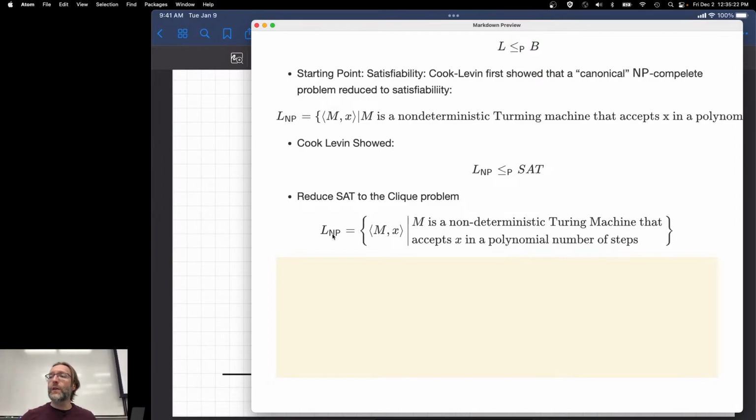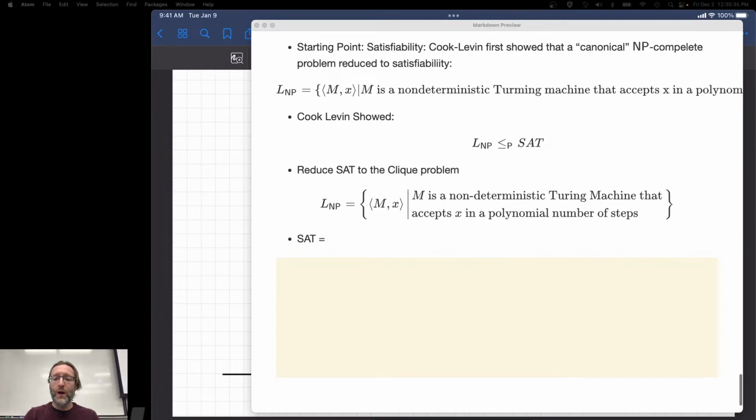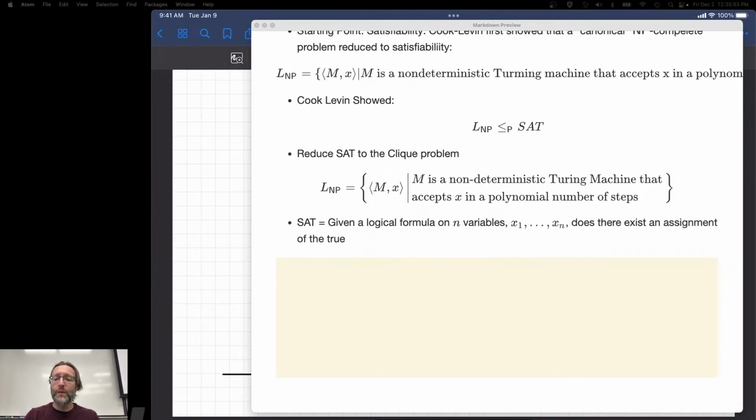So this is what Cook and Levin showed was NP complete. Basically, they showed that this problem reduces to the SAT problem, right? SAT, remember, is satisfiability. SAT is: given a logical formula on n variables, x1 through xn, does there exist an assignment of truth values that evaluates the expression to true or not?